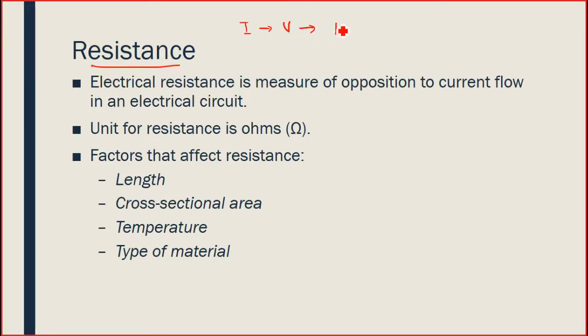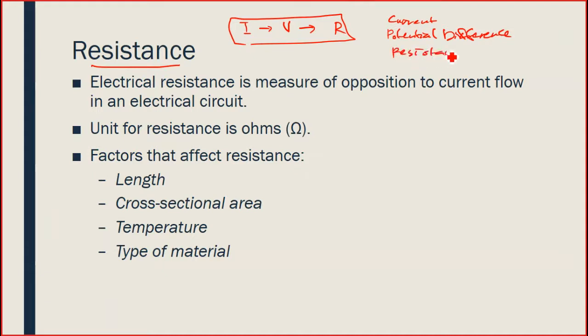Now we will look at something called resistance, and the relationship between current, potential difference, and resistance. The three things have their own relationship, called Ohm's law. So how do you get Ohm's law? V is equal to IR.